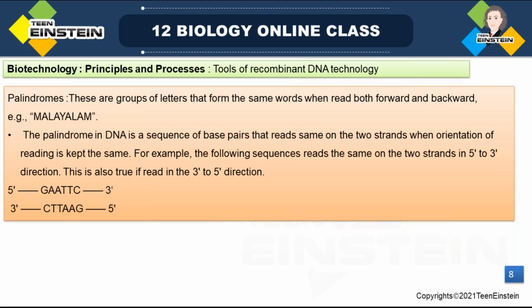Palindromic sequence in DNA means the base pairs present in the DNA, like A, T, G, C. When we read that group of base pairs on the strands in both directions, we get the same sequence.